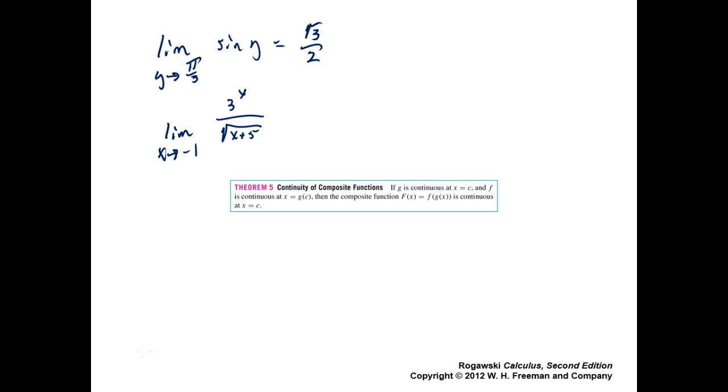Excellent. Okay, how did you get that? So 3 to the power of -1 would be 1 over 3. The square root of -1 plus 5 is 4, which equals 2. Right. So we do that there over 2, and then you got it. 1/6. Perfect.